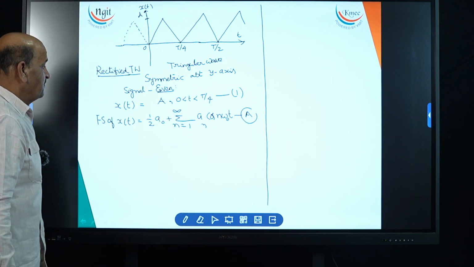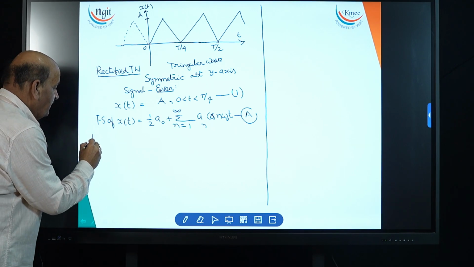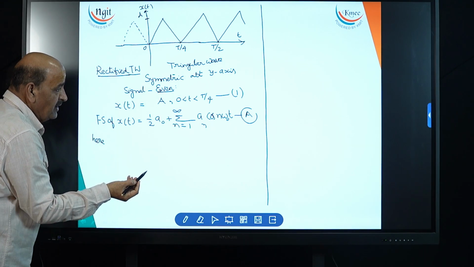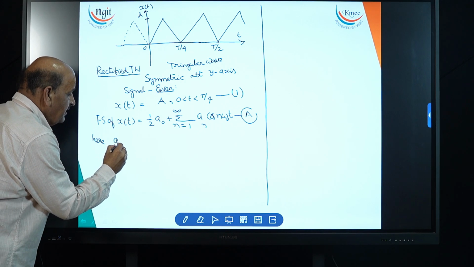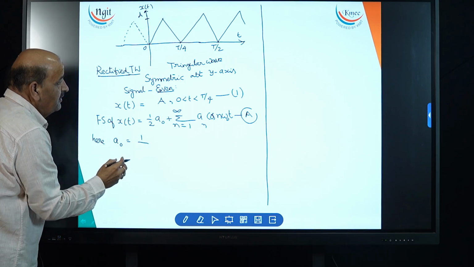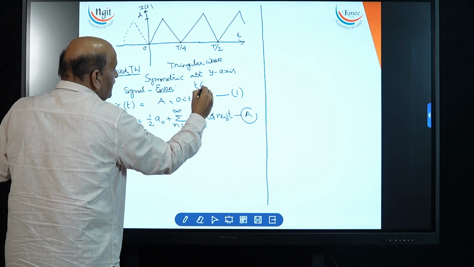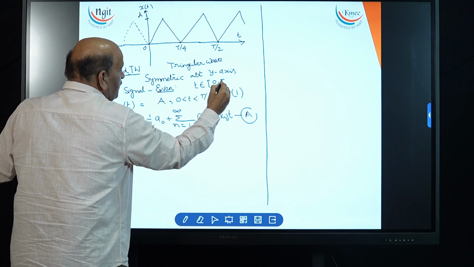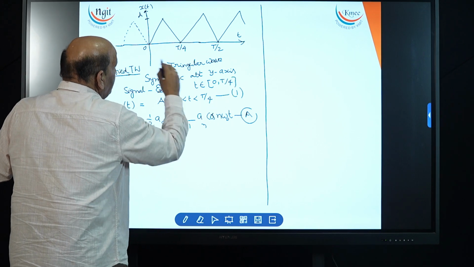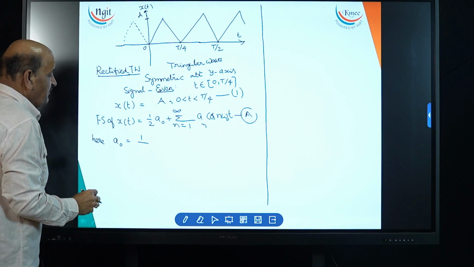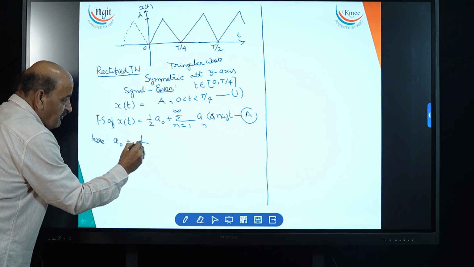Whenever it is even, no need to calculate bn. So here a naught equal to 1 by, what is the width of this one? Here the width is between 0 to T by 4, the period of the signal. So here we have to write T by 4.